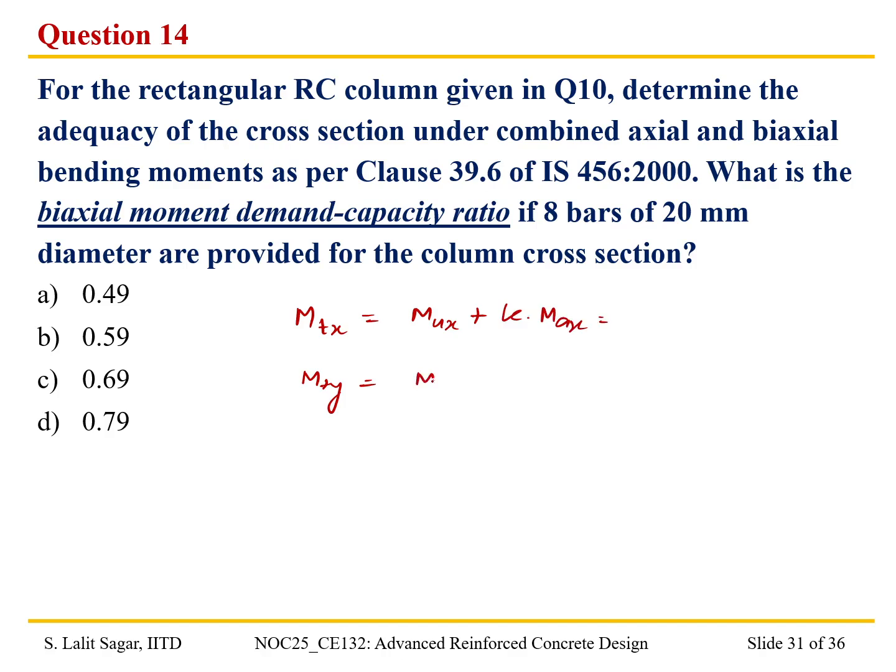And here it is MUY plus K times MAY. Okay, so from this I'm getting the values as how much? So the primary moments are going to remain the same, right? That is 47.5.